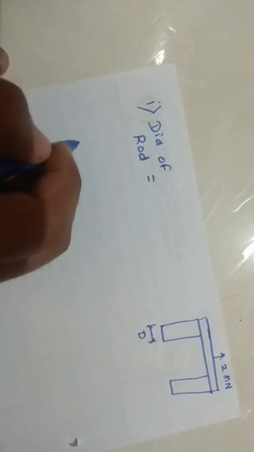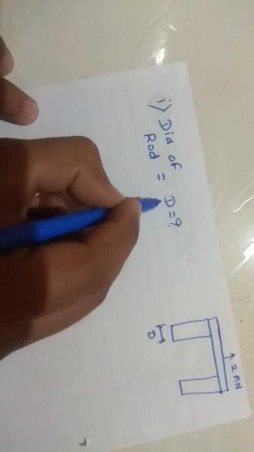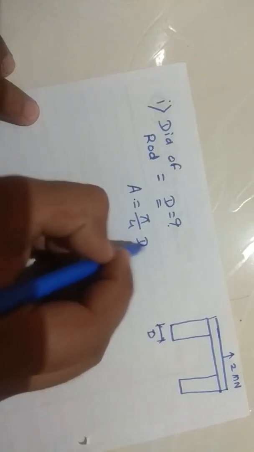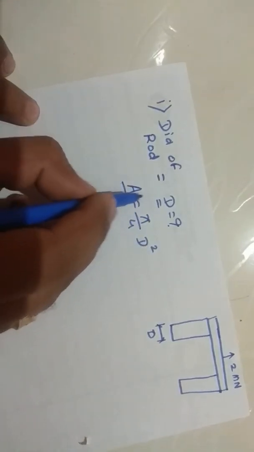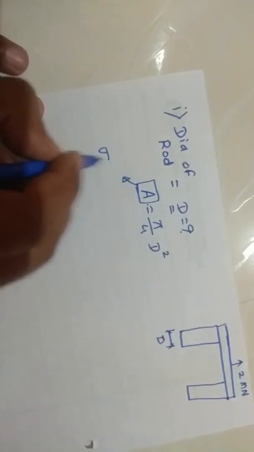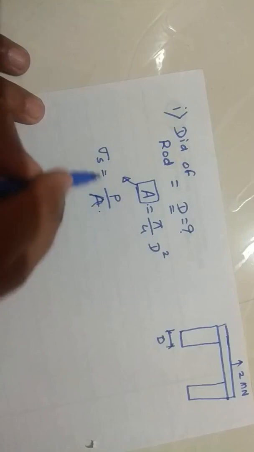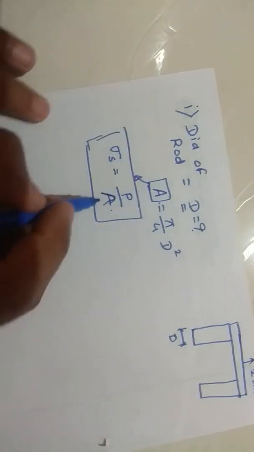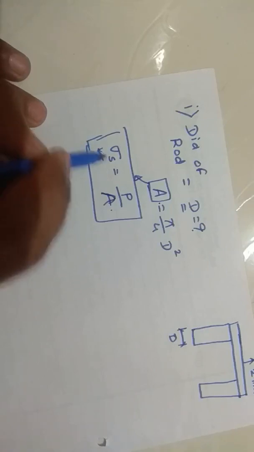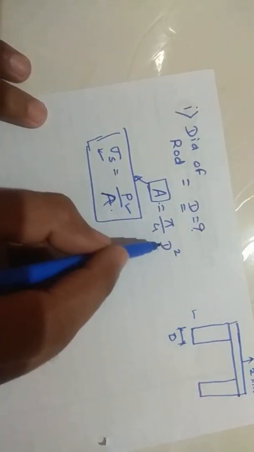rod is equal to, we know that while finding the diameter, this term is in area, because area is equal to pi by 4 d square, so we have to find the area first of all, and the area is in the formula sigma is equal to P upon A, and here we know that in this numerical the stress which we have is 80 Newton per mm square, and P for only one rod is 1 MN.